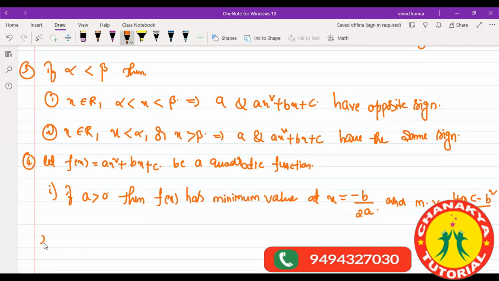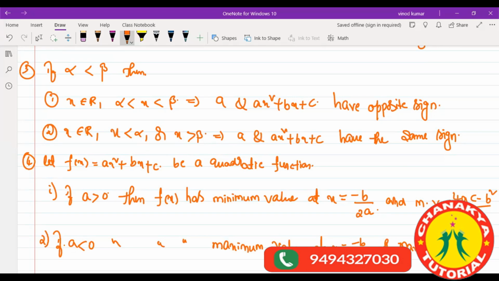And the second point is, if a is less than 0, then the same f of x has a maximum value at the same point x equals minus b by 2a, and the maximum value is also 4ac minus b square by 4a.